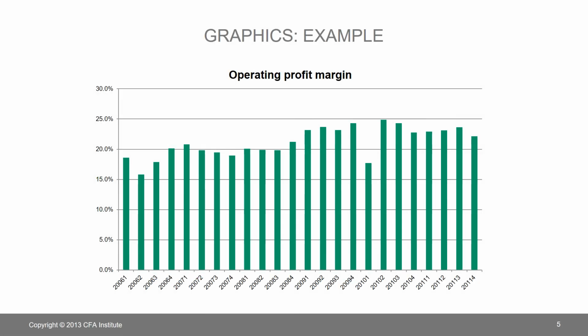This slide was also created using an Excel bar chart, and it shows the quarterly operating profit margin for Colgate-Palmolive. Now, in this one, it combines ratio analysis with graphics. The ratio analysis being the operating profit margin, which is calculated as operating profit divided by sales, just like we've learned previously in the income statement chapter.